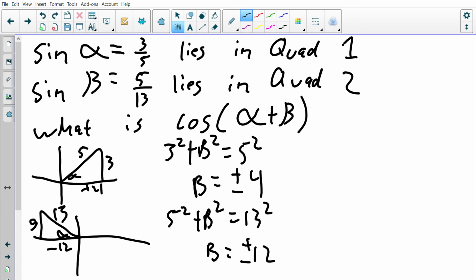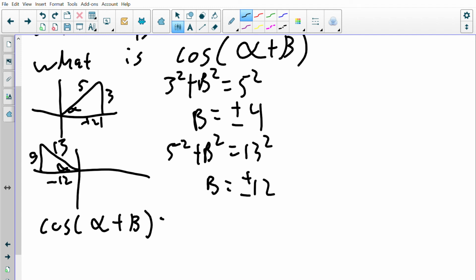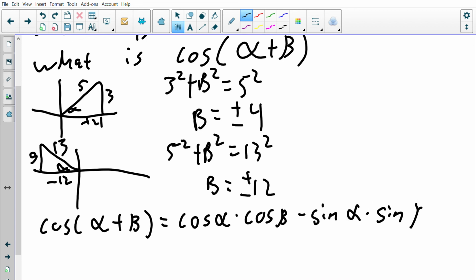Okay? So it asked for cosine plus alpha and beta. So our equation for that is cosine of alpha times cosine of beta minus sine of alpha times sine of beta.